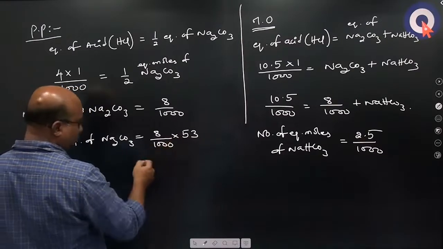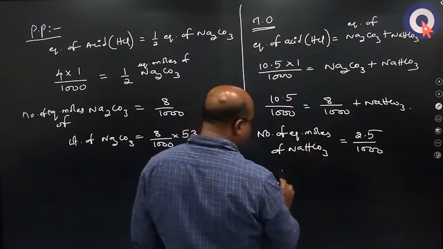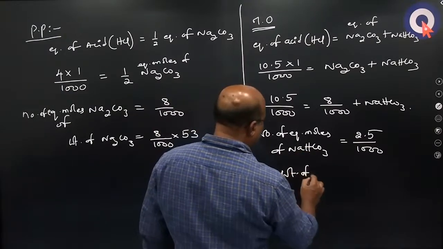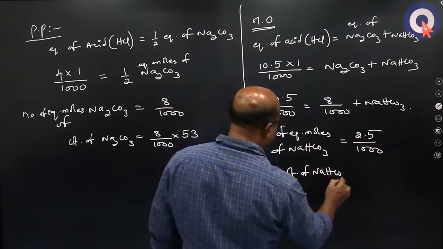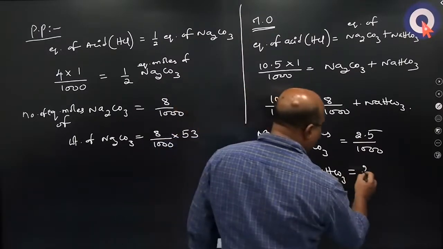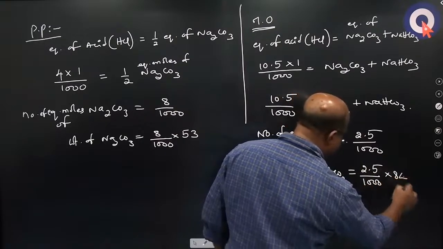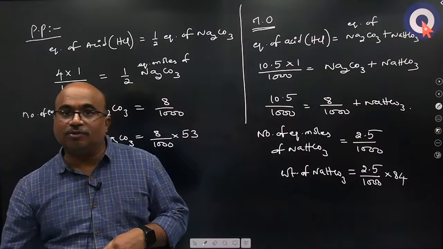So you will get the weight of Na2CO3 from here. What is the weight of NaHCO3? It is 24 plus 60, 84. So the equivalent weight of this is directly 84, the molecular weight, because the n factor of NaHCO3 is 1.